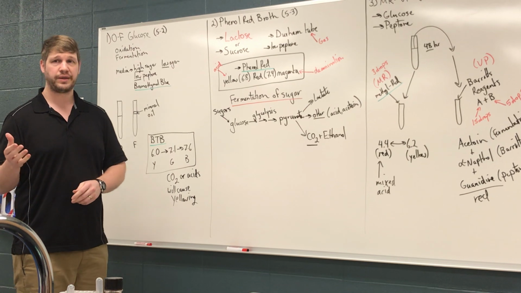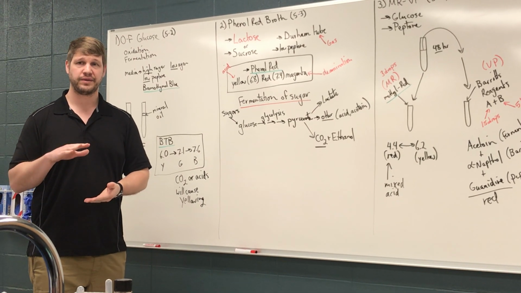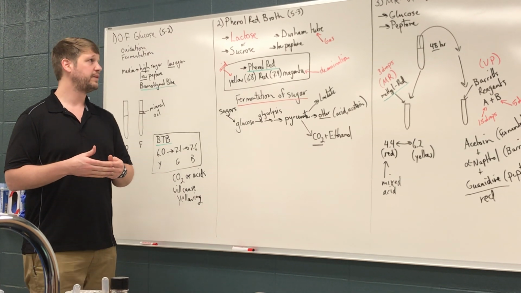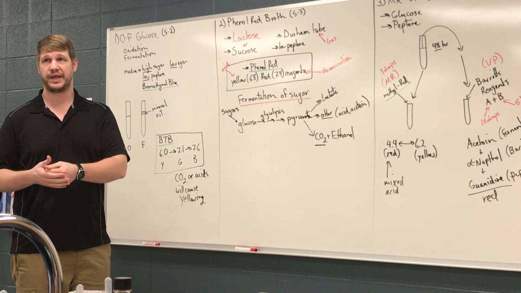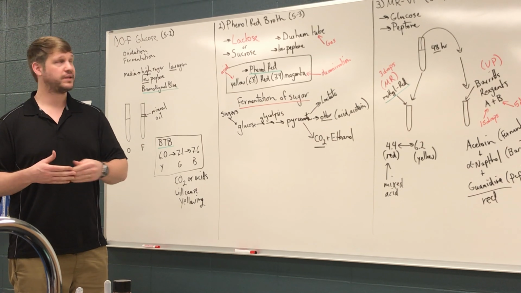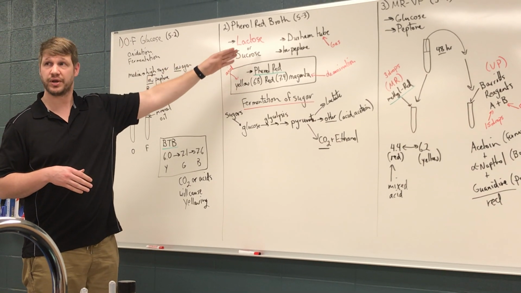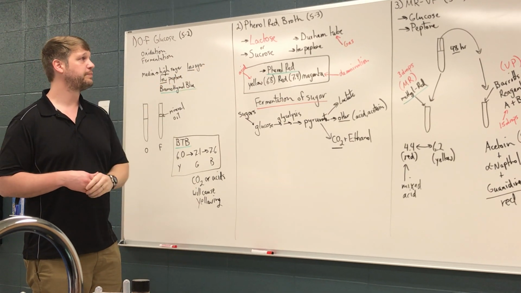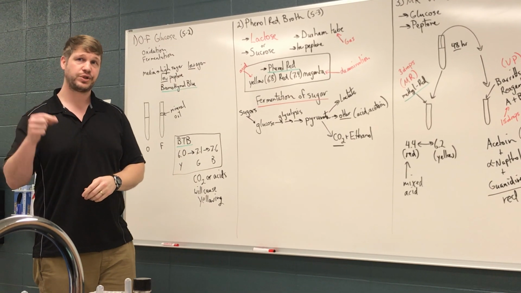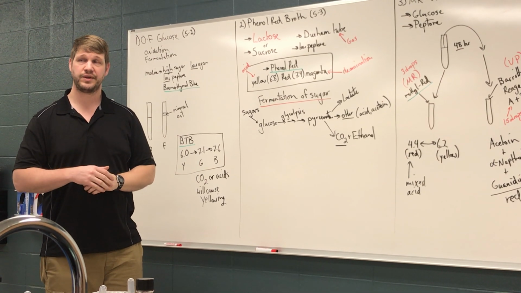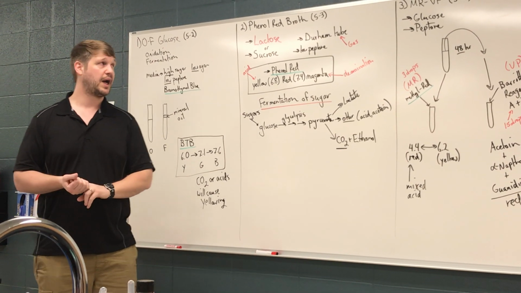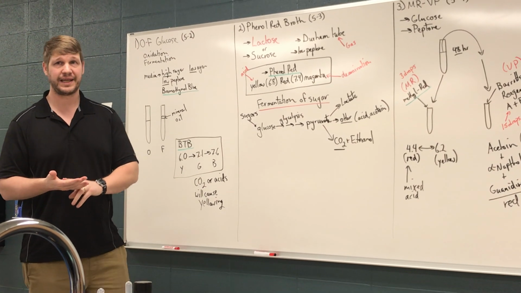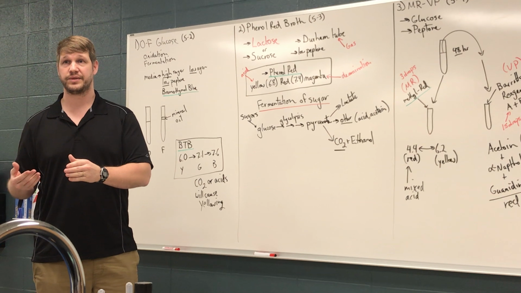With phenol red broth, there's very little in there to begin with. You have what we call phenol red broth basal media, and basal media means it doesn't have any sugar in it in this context. So you can buy phenol red basal media, and then you can add whatever sugar you want to test. In this case, we chose two sugars, lactose and sucrose. Both of these are disaccharides, and not every microbe can utilize those.